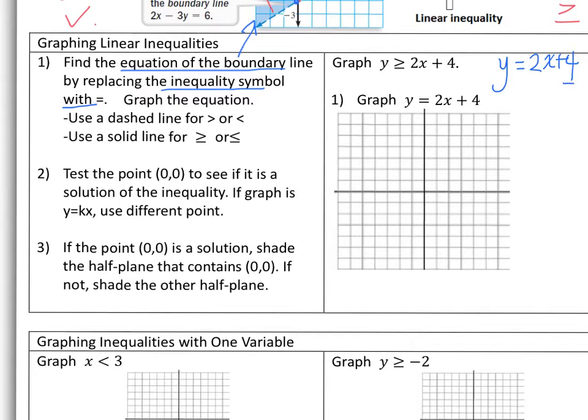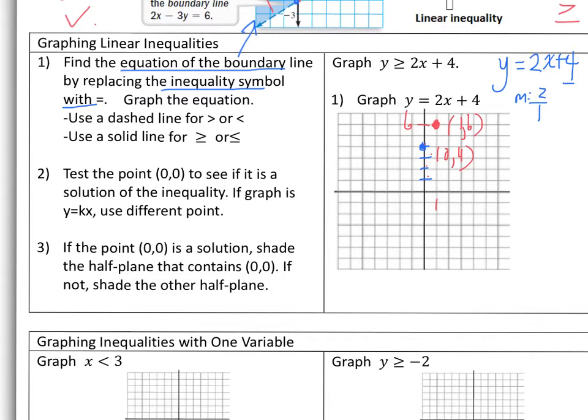So I know my y-intercept is 4. 1, 2, 3, 4. And my slope is 2 over 1. So I need to shift up 2 units and shift right 1 unit to find my other point, 1, 2, 3, 4, 5, 6. So my other point will be 1, 6. This point will be 4.